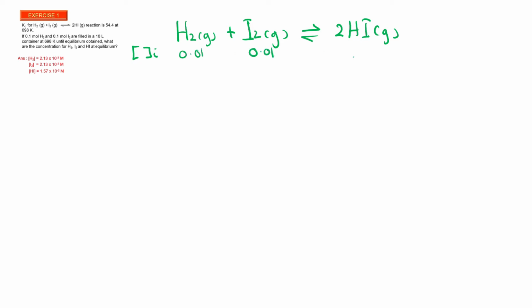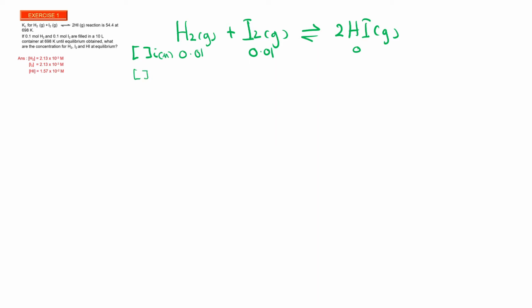We have hydrogen gas plus iodine gas producing hydrogen iodide gas, so this is 2. The initial concentration that we calculated just now is 0.01 molar, 0.01 molar. And this one, initially, is 0.